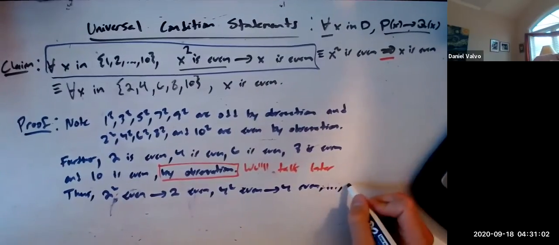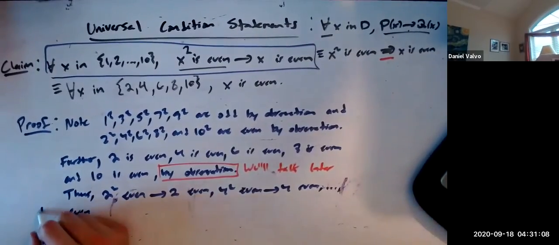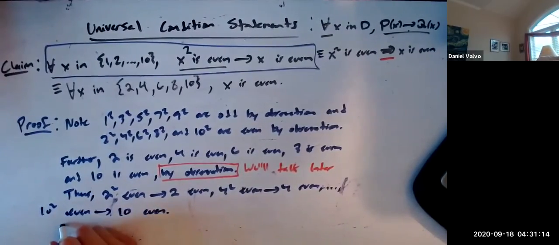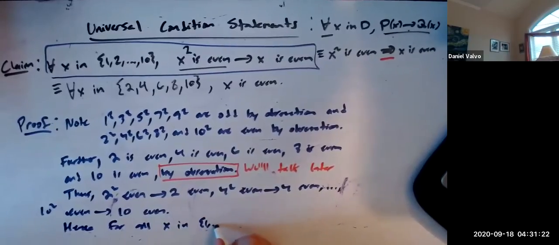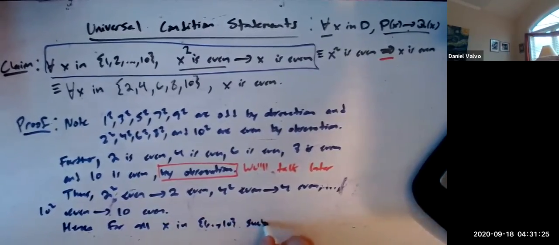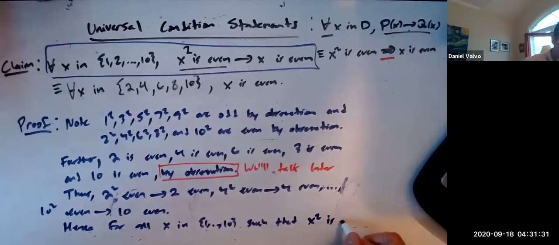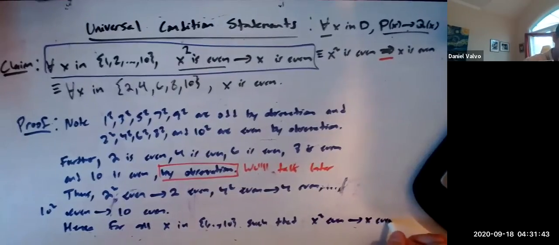We're going to keep going like this till we get to 10 squared even implies 10 even. Hence, for all x in 1 to 10, x squared even implies x even.